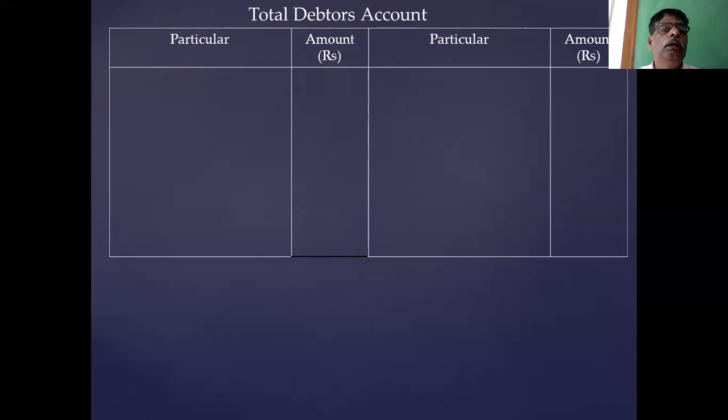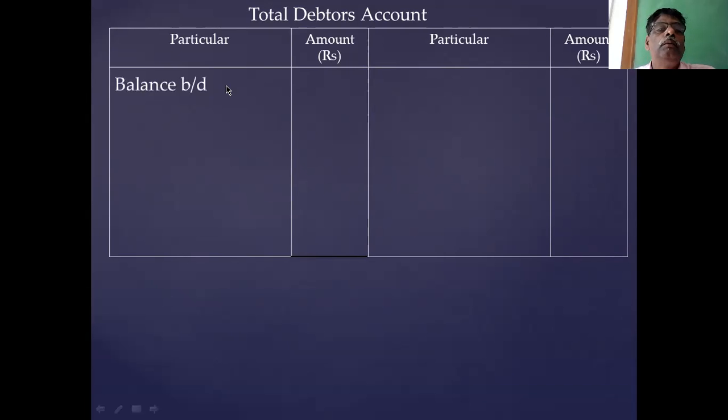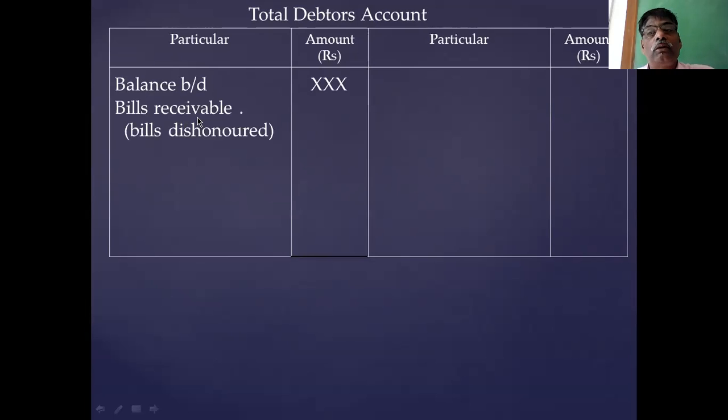Therefore, you have to post the items. First, we write the balance brought down. Debtors account always shows debit balance, so you take the balance. And second, the bills receivable dishonored. Whenever the bill is dishonored by the debtor, the debtor's balance increases.